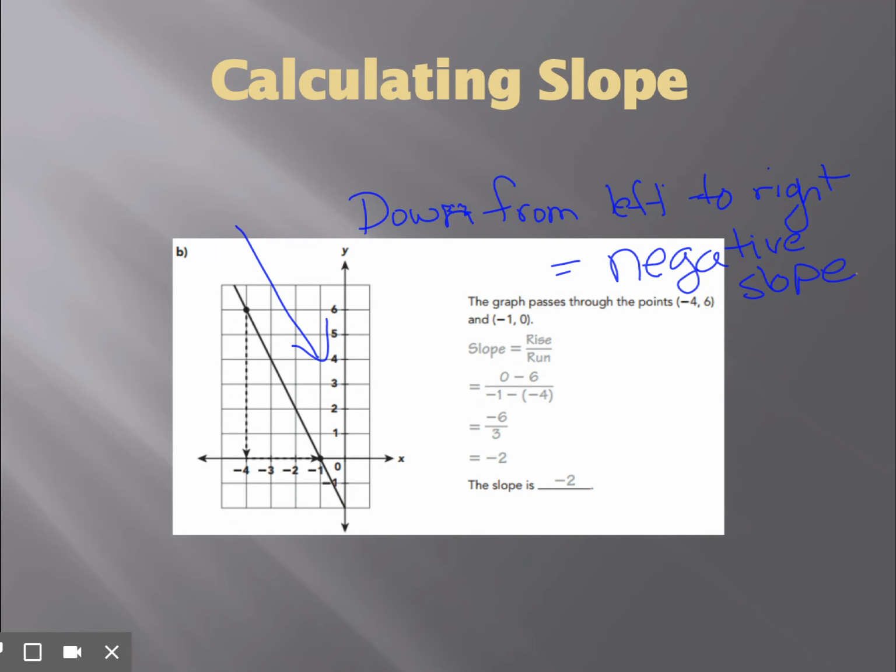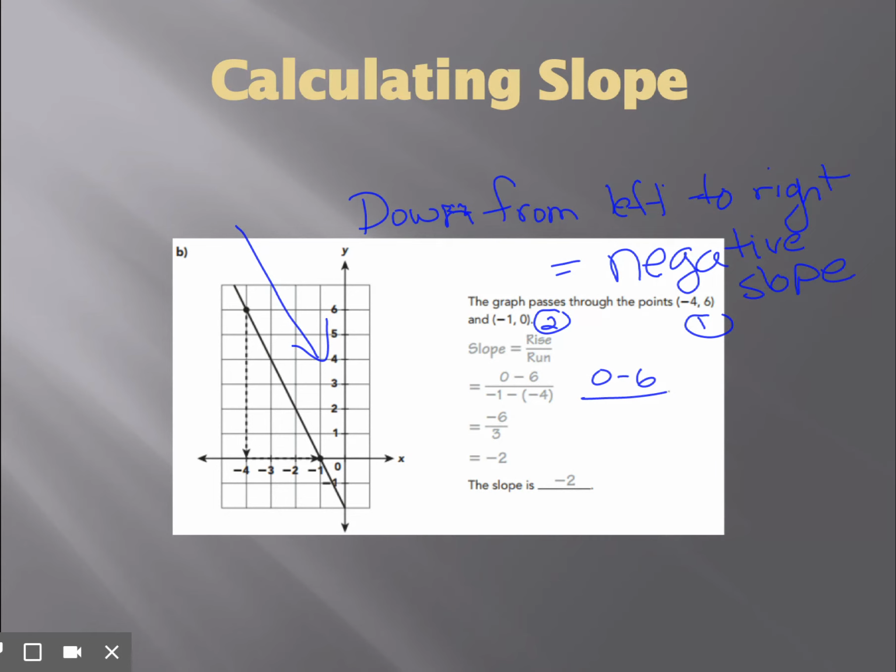So again, we use point 1 here of negative 4, 6 and point 2 of negative 1, 0. So I'm going to use my y from point 1. Well, they actually switched the points, but I'm going to show you it works either way. Or no, they didn't. My y from point 2 is 0 minus my y from point 1, which is 6.